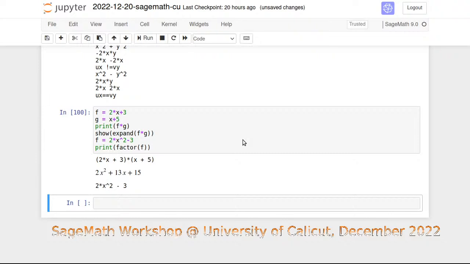For that we can specify that a variable which we are going to define is a variable in one particular ring, in particular a polynomial ring, that we can define. So the definition is actually something like this.